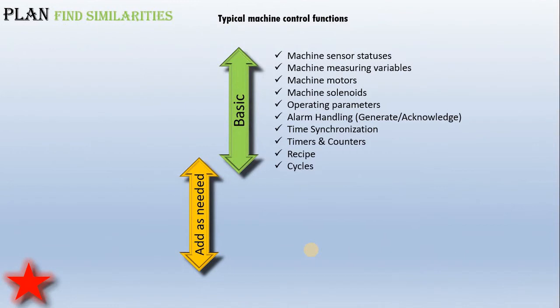If you have a machine, then you can look at it as having sensors for statuses, measured variables like pressure, temperature, and so on. And then you have stuff you're running like motors and solenoids, and then operating parameters and so on.